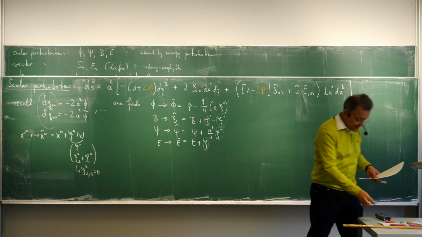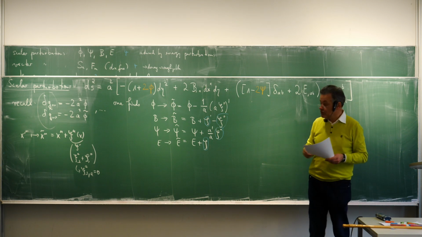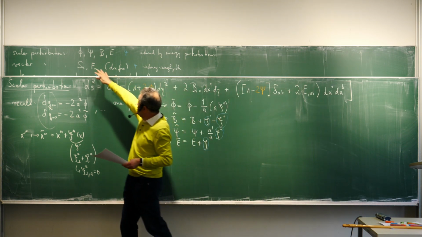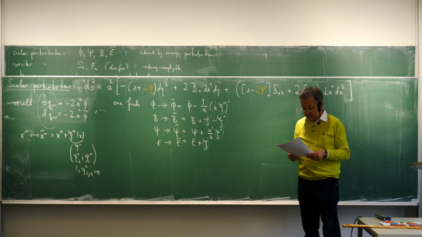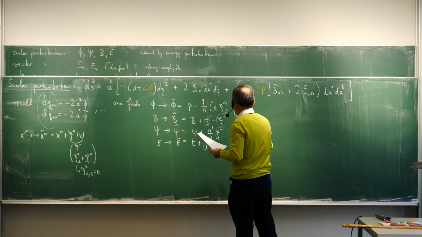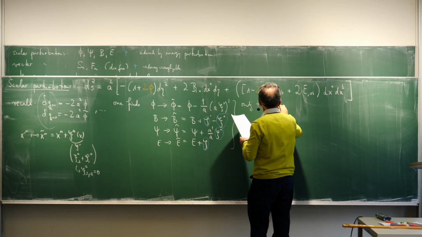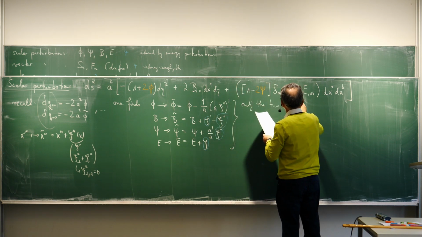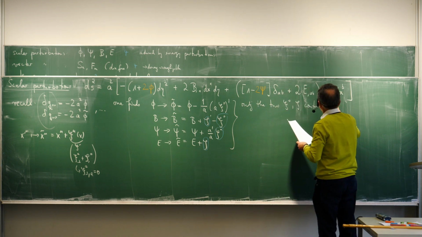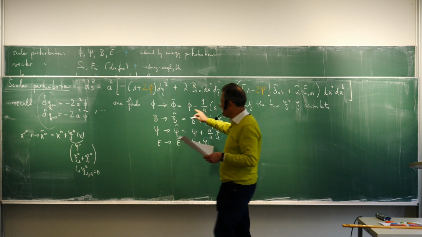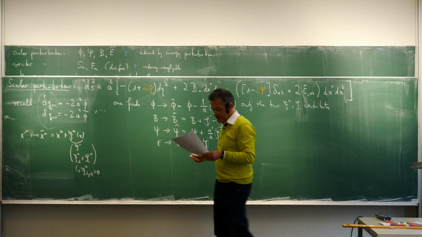So only two of them, which means that I can, by an appropriate choice of them, set two of these four scalar variables to 0. So only the two, ξ^0 and ζ, contribute, because I restrict here to the scalar part, while the others would enter the vectors and tensors.